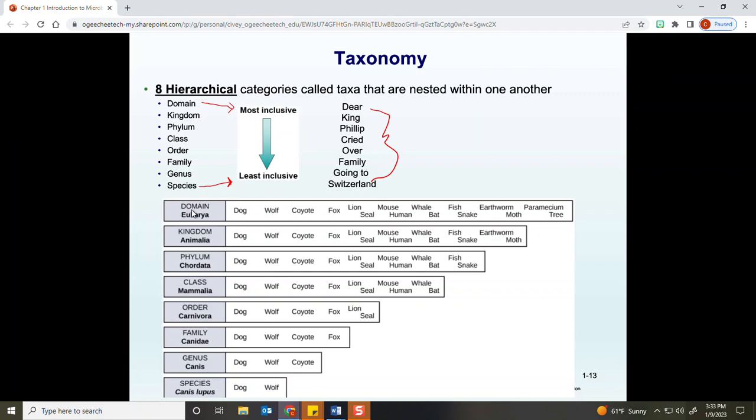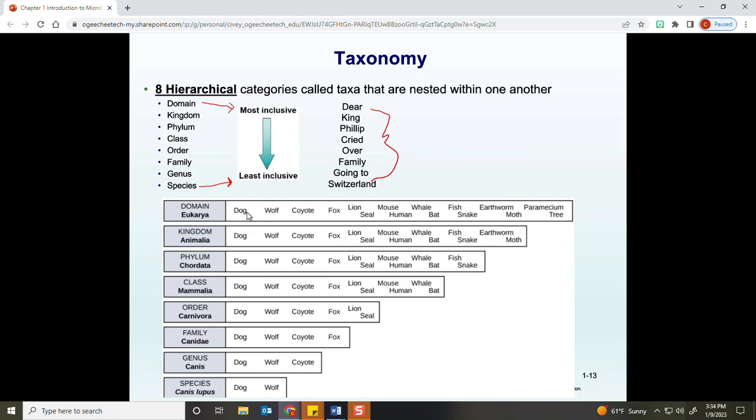So domain. All of the organisms listed here are in domain Eukarya, which again means that they are eukaryotes. They have a true nucleus in their cells. If I want to then list out the organisms that are in kingdom Animalia, then all of these same organisms would be listed except ones that are not animals. So we can see dog is in Animalia.